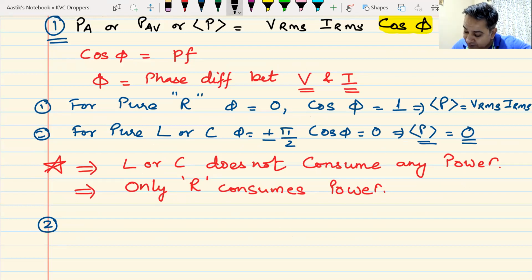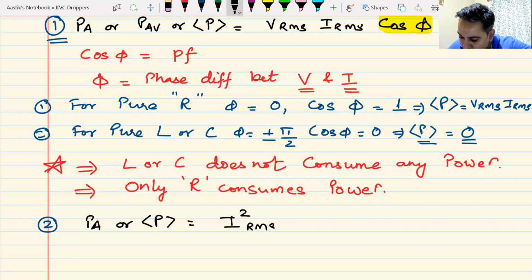And how will I write it? Average power, or P average, or PAV, is simply equal to I square RMS multiplied by R. If there is no R, the power consumed is 0.